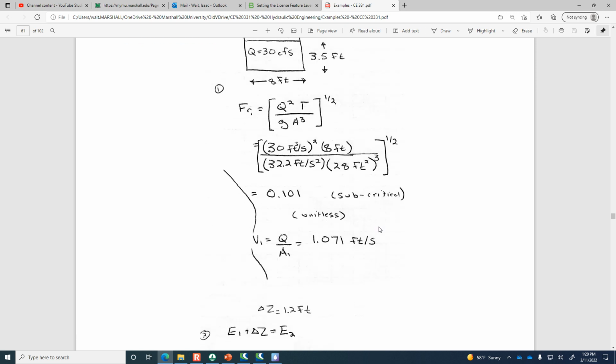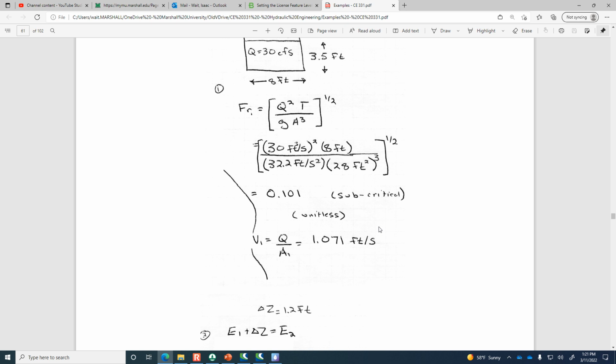Okay, so calculating the top width. The flow rate, 30 CFS, squared. The top width is 8 feet, divided by g, 32.2, and then times the area cubed, so 28 square feet cubed. And all of that to the 1/2 power. So let's do the calculations and find out upstream, was it supercritical versus subcritical?